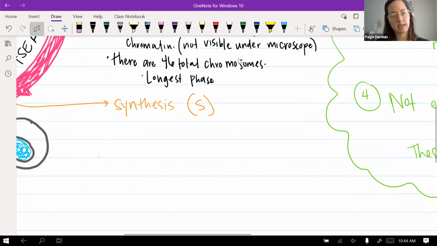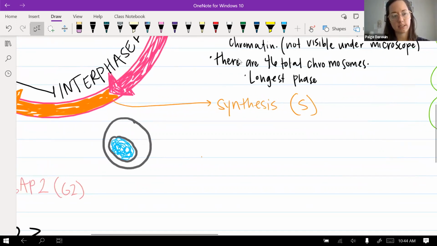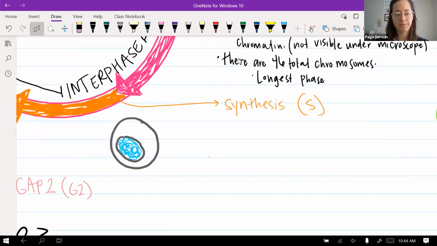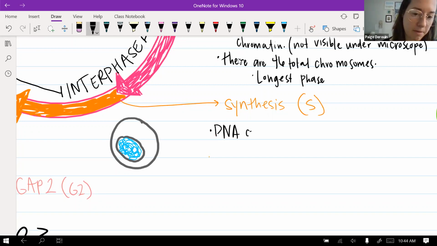So we're going to go on to step 2, which is called synthesis. Synthesis basically means produce things. In this case, it's producing DNA. So synthesis is the step of DNA replication. So DNA copies itself.